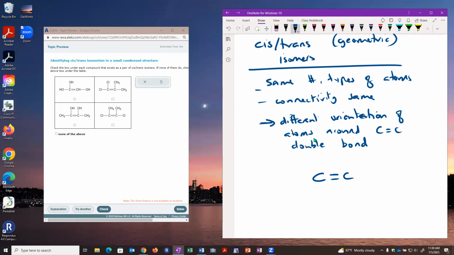And what we need to ensure is that the two remaining things attached to this carbon of the double bond need to be different, connected to two different things. Okay, and those can be individual atoms, they can be groups of atoms, doesn't matter. And the two remaining bonds to that carbon also need to be connected to two different things as well.